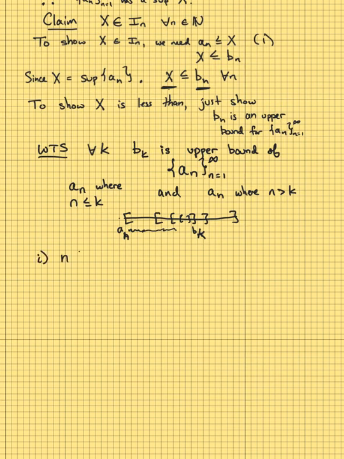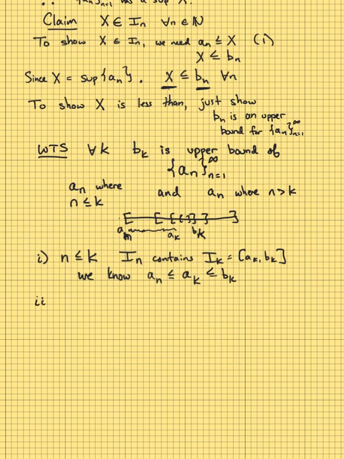So the first one, if n is less than or equal to k, then what we have is that this interval contains the kth interval. And then what we know is a sub n has to be less than or equal to a sub k, right? Because a sub n is here, a sub k is here, and that's less than or equal to b sub k. Okay, so it's an upper bound in that case.